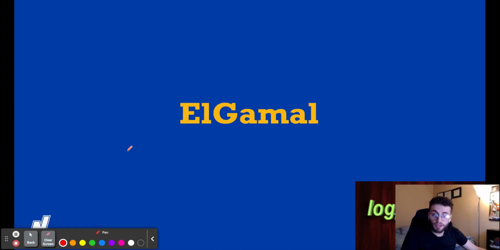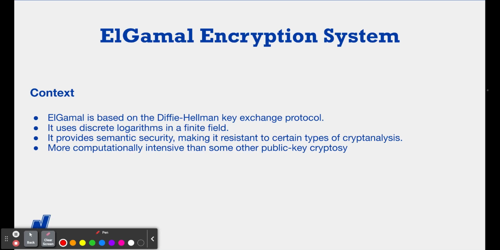Next, we're going to be talking about ElGamal. The ElGamal encryption system is another public key cryptographic system. It was designed by Taher ElGamal in 1985 and is based on the Diffie-Hellman key exchange protocol.